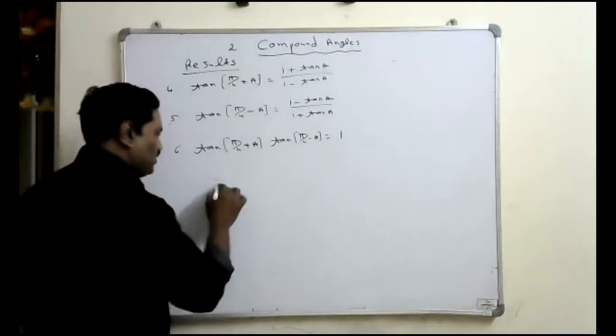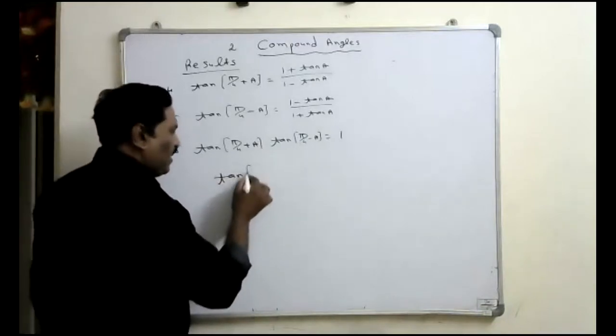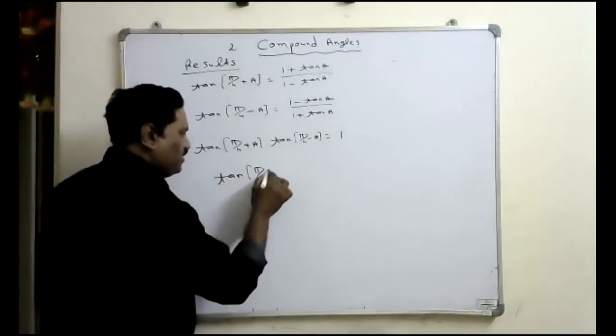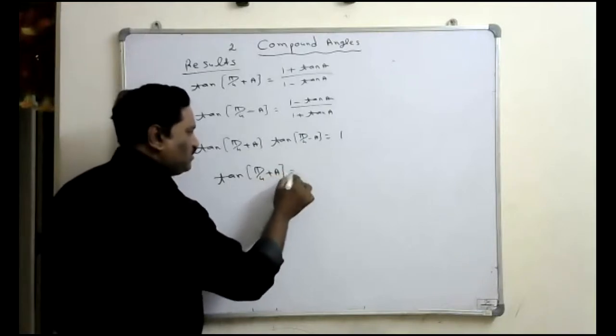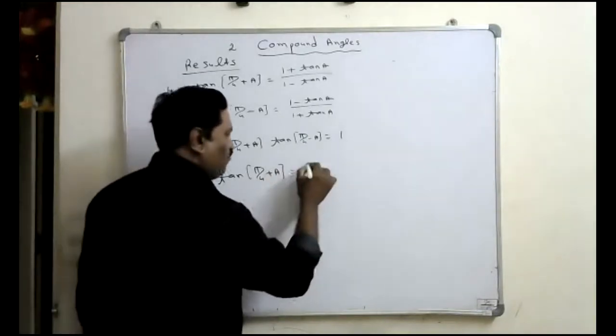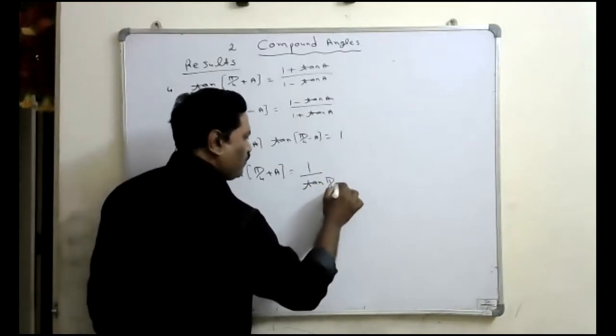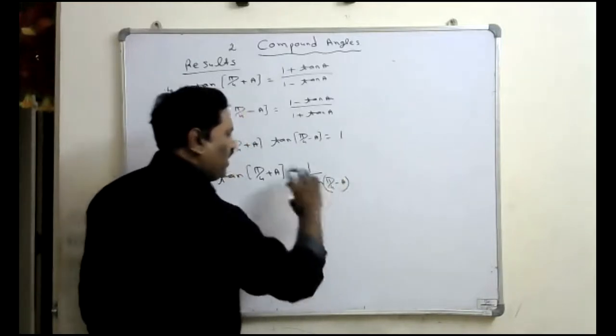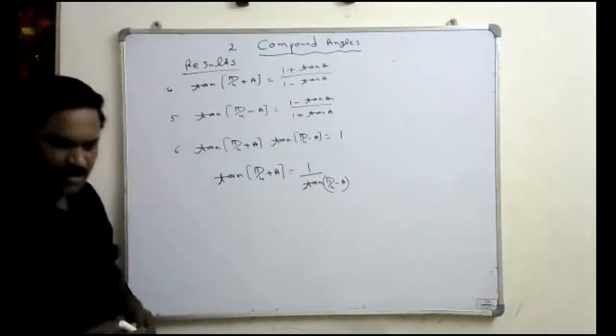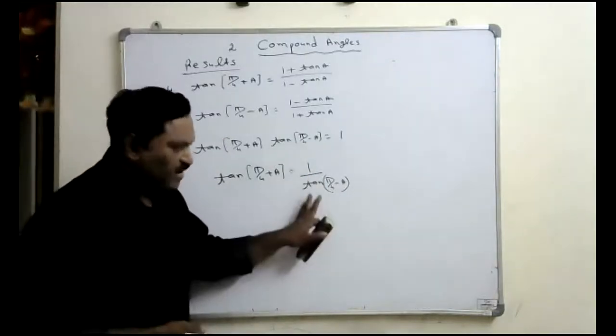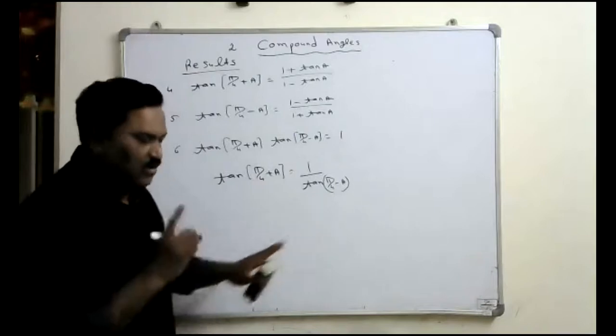Therefore, from this, tan pi by 4 plus A is equal to, taking tan to the other side, 1 by tan pi by 4 minus A. Now we know that 1 by tan is called cot.